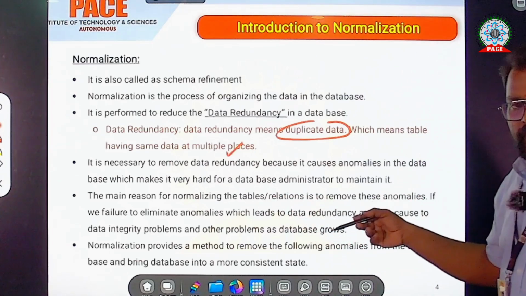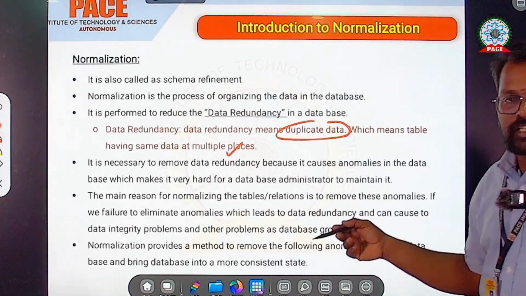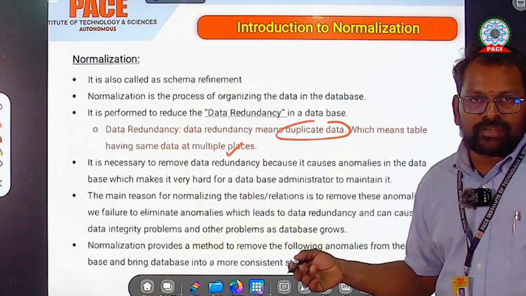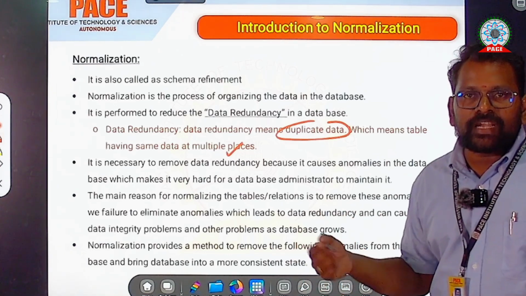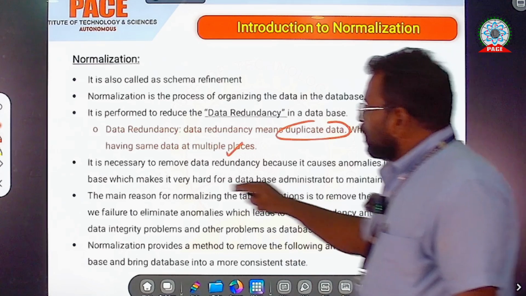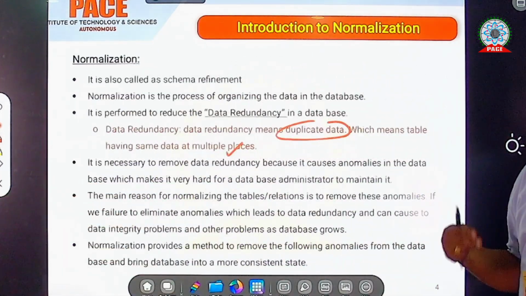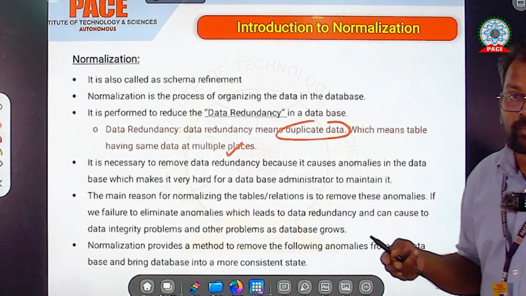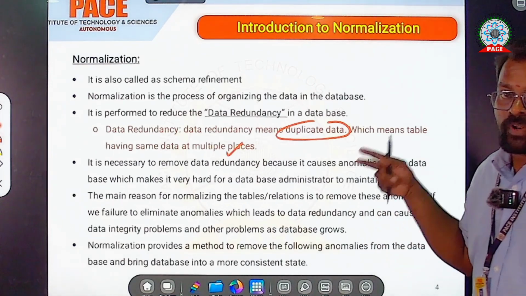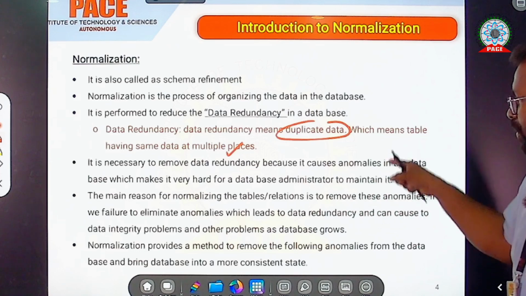If the same data is repeated in multiple tables, it leads to different anomalies. What is an anomaly? An error in a database. If you fail to remove the anomaly, we are going to face a lot of problems: consistency problems and incorrect data. Those are the problems without providing normalization.